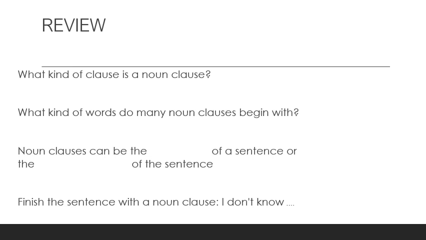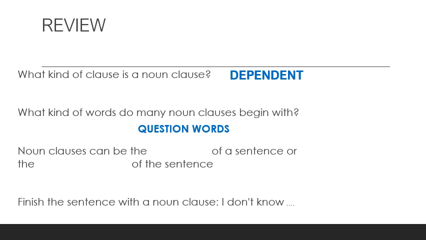Let's review noun clauses. Noun clauses are the third dependent type of clause we have in English. What kind of clause is a noun clause? It's dependent. What kind of words do many clauses begin with? Last Tuesday we learned that noun clauses begin with question words, such as who, where, when, why.